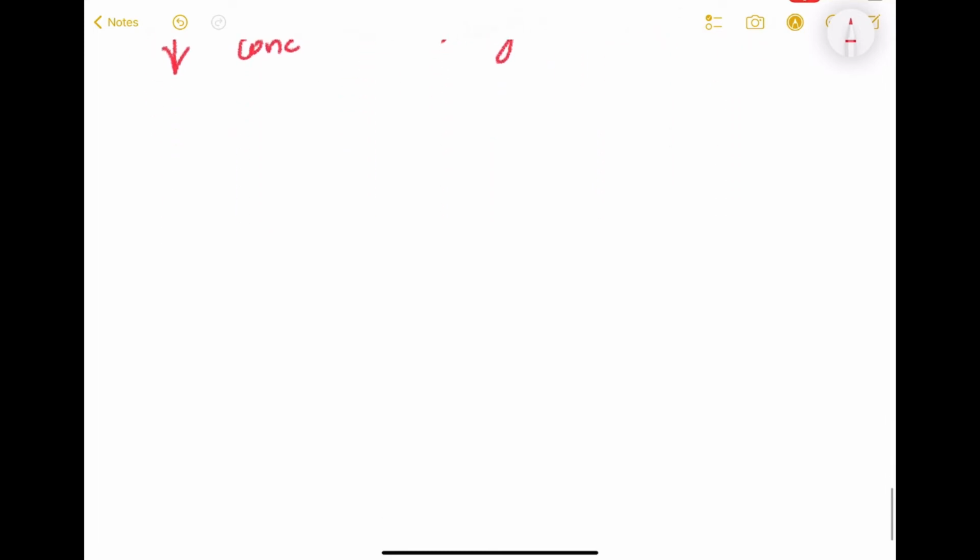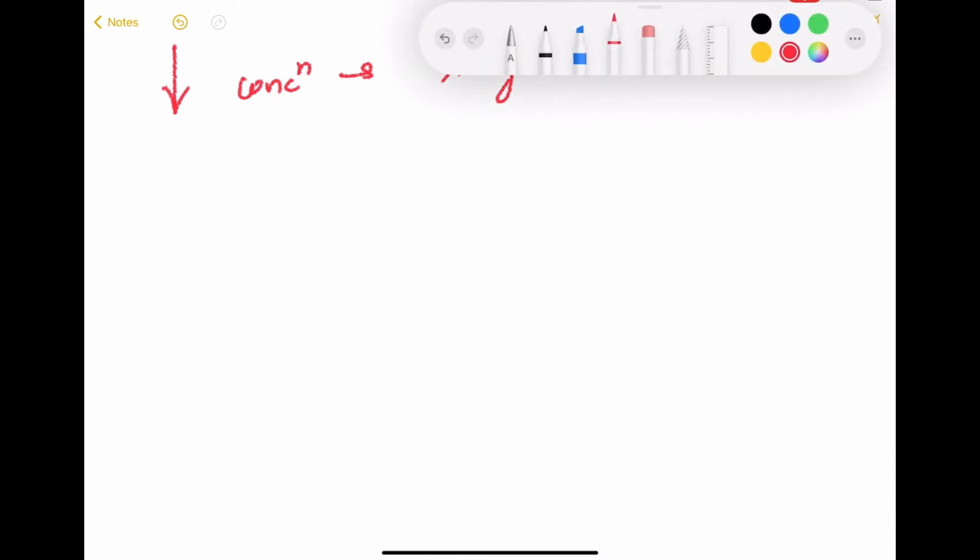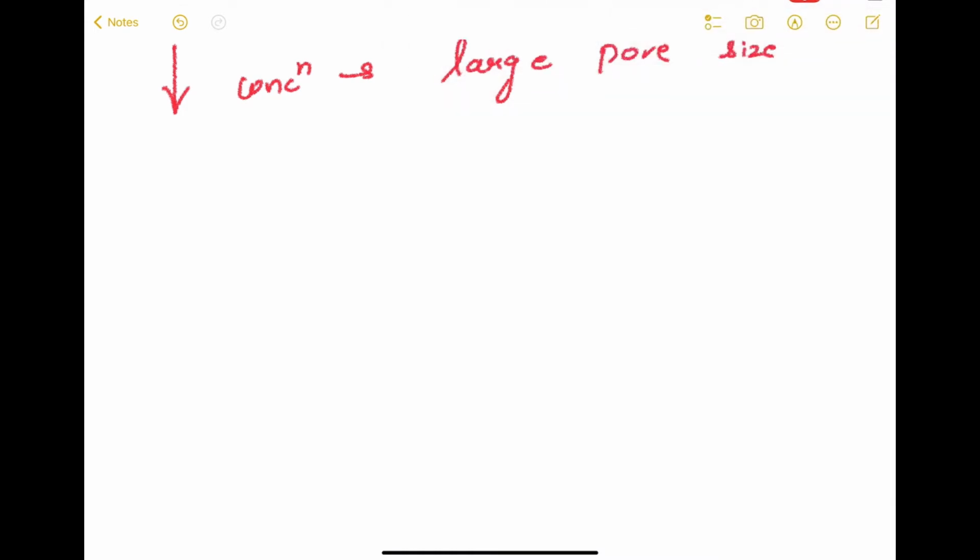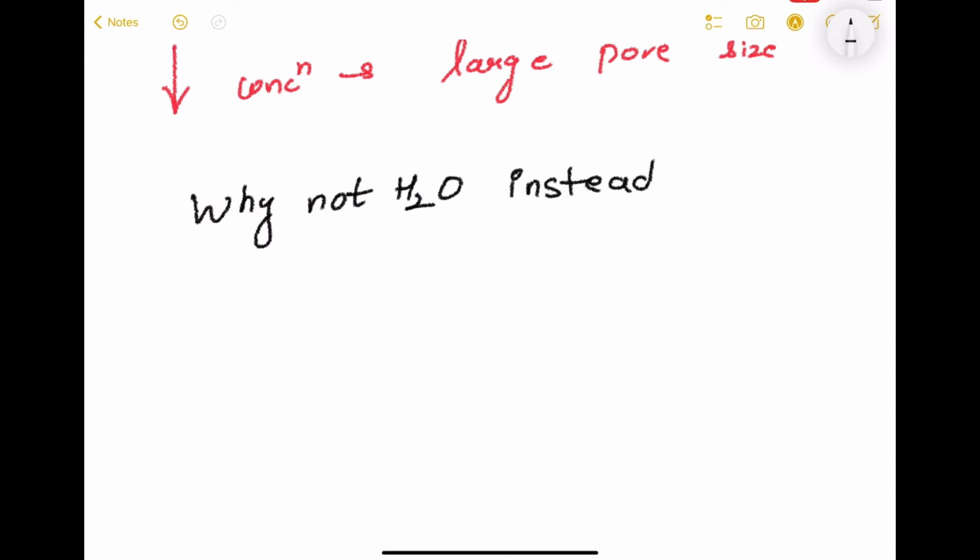And the next question which arises is, why do we not use water instead of buffer? I think you might have this question.